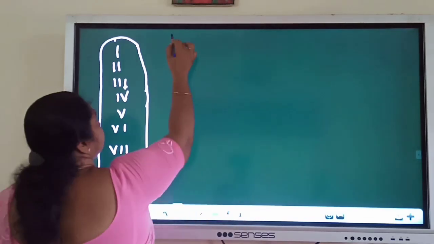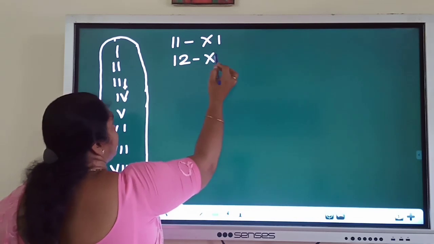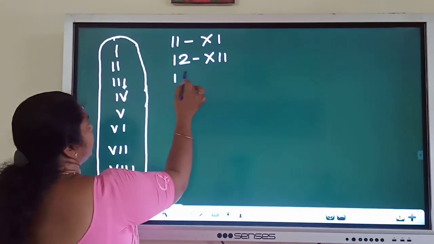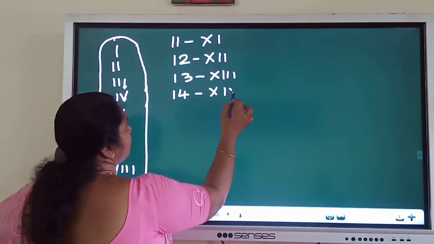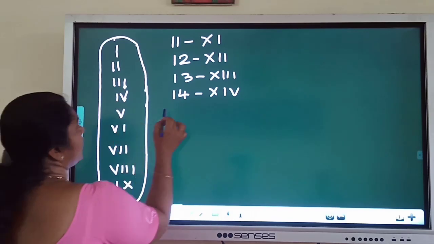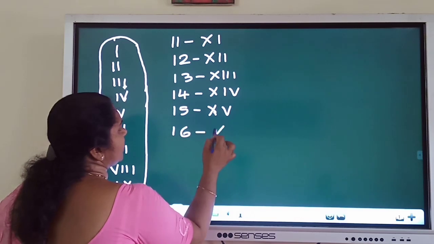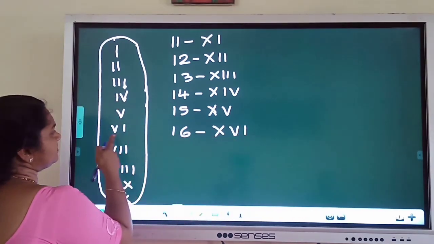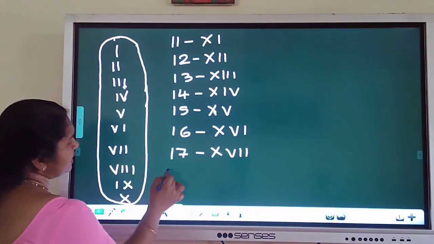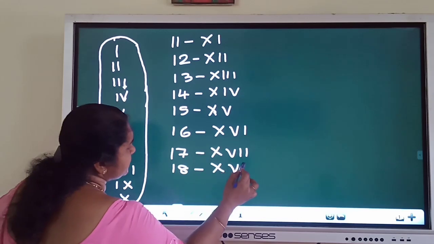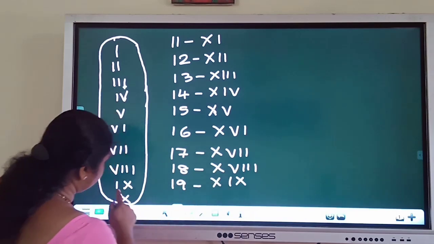So 11 XI, 12, 10 and 2, 13, 10 and 3, 14, 10 and 4, up to 17, 10 and 7. 18, 10 and 8, 19, 10 and 9.